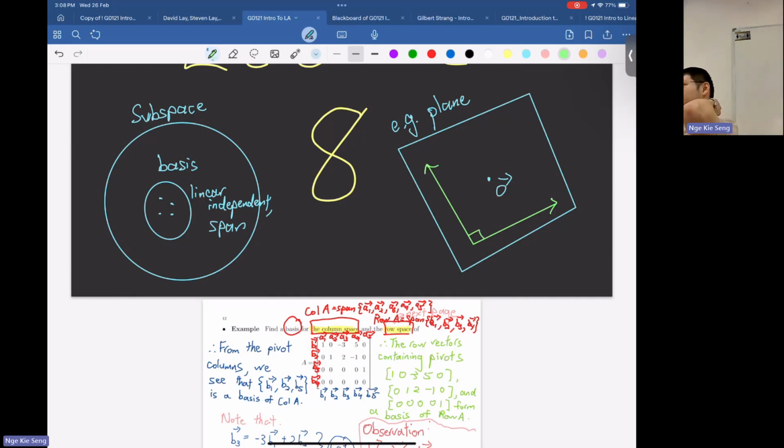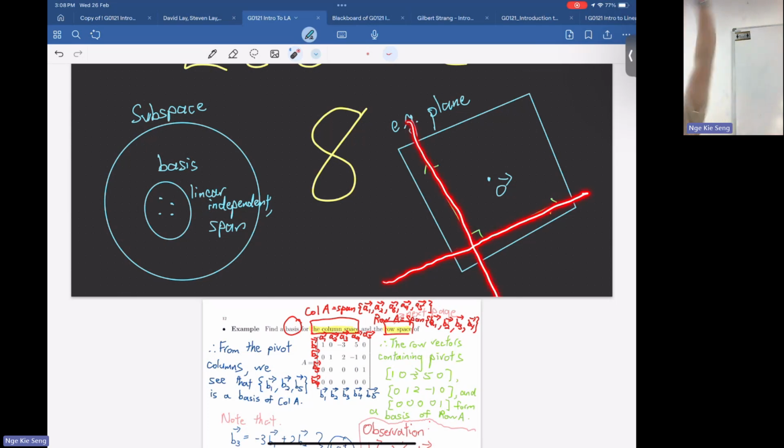Can you imagine building this plane using these two vectors? Before building the plane, you should think that you can build the cross first, because you can scale the line anywhere you like. Any c times v must live in there. And then how do you create the first quadrant, second quadrant, and third quadrant here?